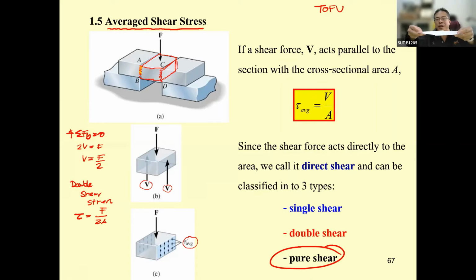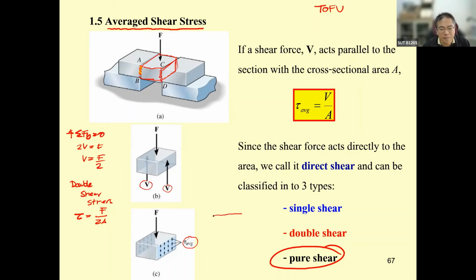By poking, you can see the paper slide on each other. That's the shear force, and it depends on the size of the screw you connect with. It's the area of the screw that divides the force to produce the shear stress due to pure shear.